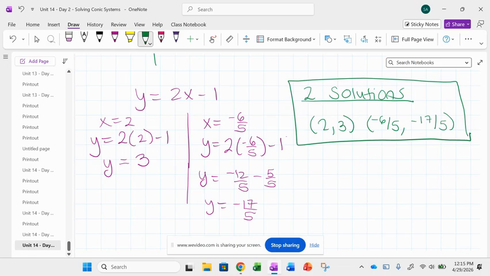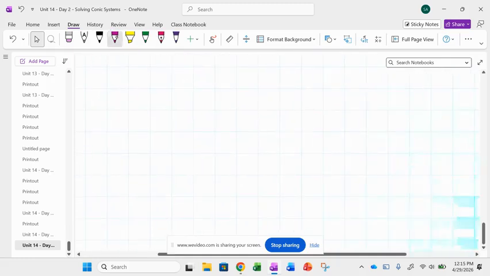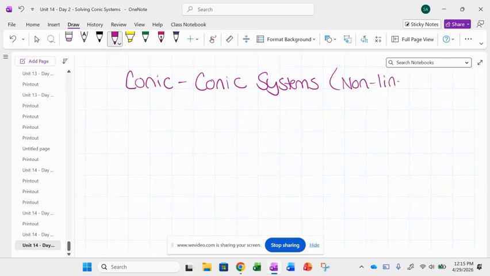Okay, so that was talking about when we have a linear and a nonlinear conic. Now let's talk about conic-conic. Yep, both nonlinear.